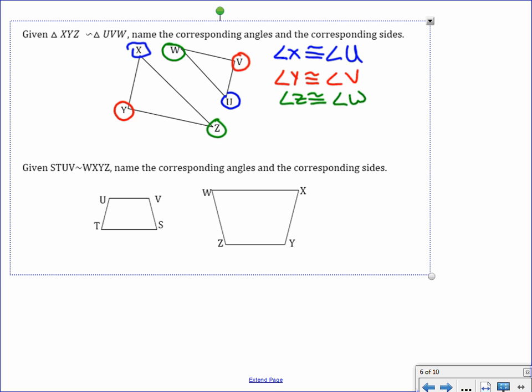Now, the corresponding sides are side XY and UV.